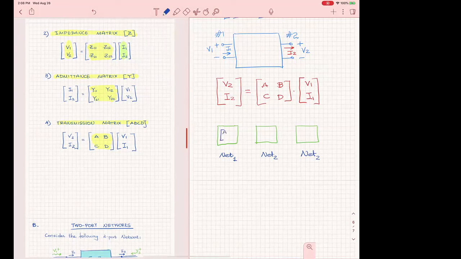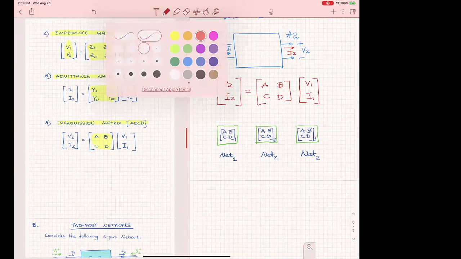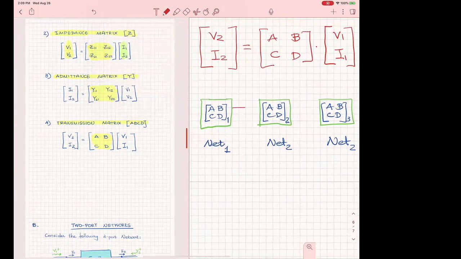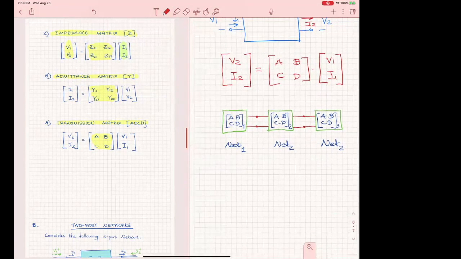So this is going to be A, B, C, D, 1. This is going to be A, B, C, D, 2. And this is A, B, C, D, 3. And then I connect these. I connect their nodes. All right, and now since I have connected them in a series cascade connection, with this as the input node and this as the output node, the 3 together make a 2-port, as you can see.